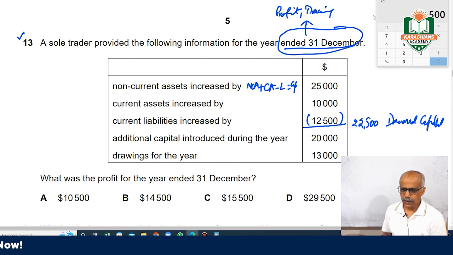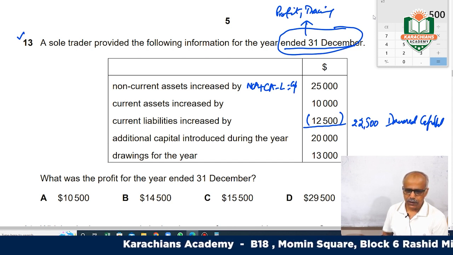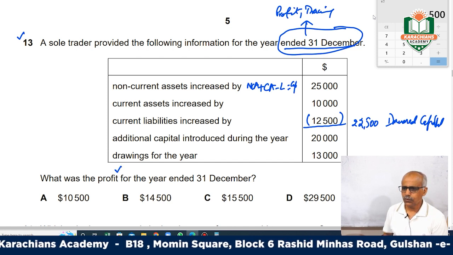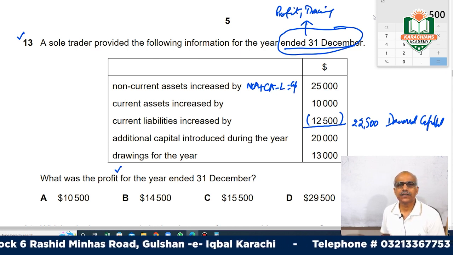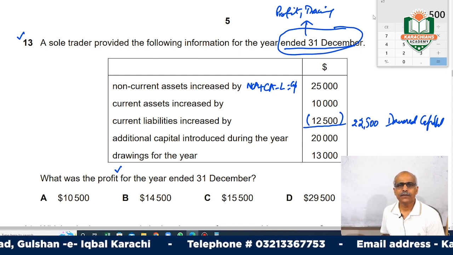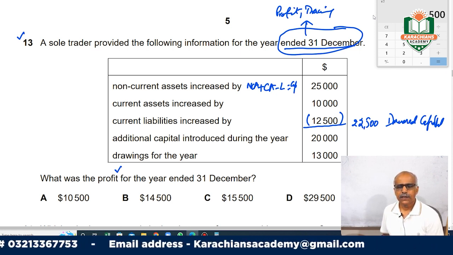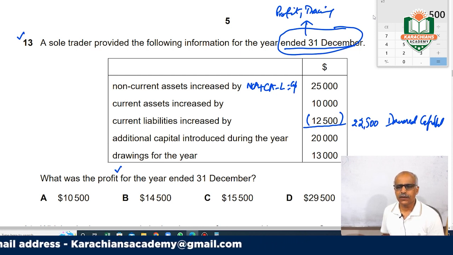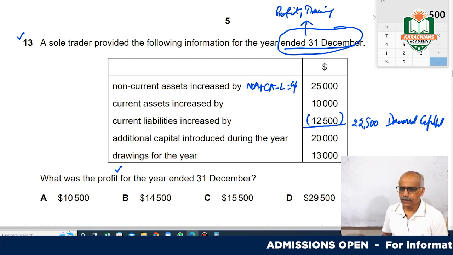They are asking you to calculate the profit for the year. In a sole trader, profit is transferred to the capital account, so that profit has already been transferred. So this increase in capital shows profit, drawings and any additional capital.